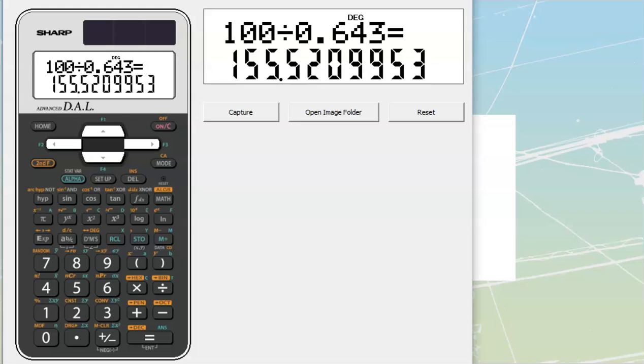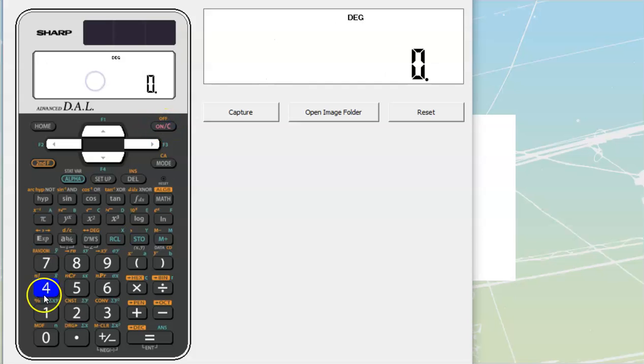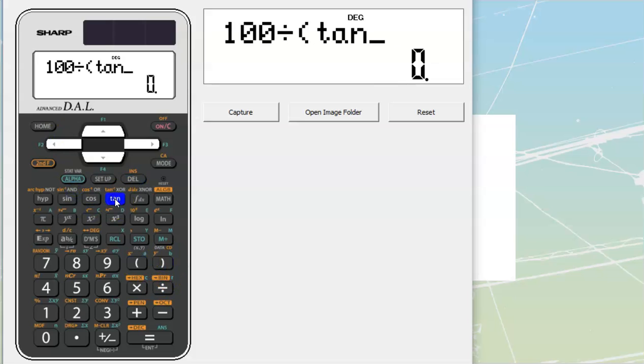Once again, we're going to try it. 100, oh, that's way too many. Hit delete there. Divided by, one second. 100 divided by my tangent of 40. I'm going to bracket this, right? When in doubt, bracket it out, okay?